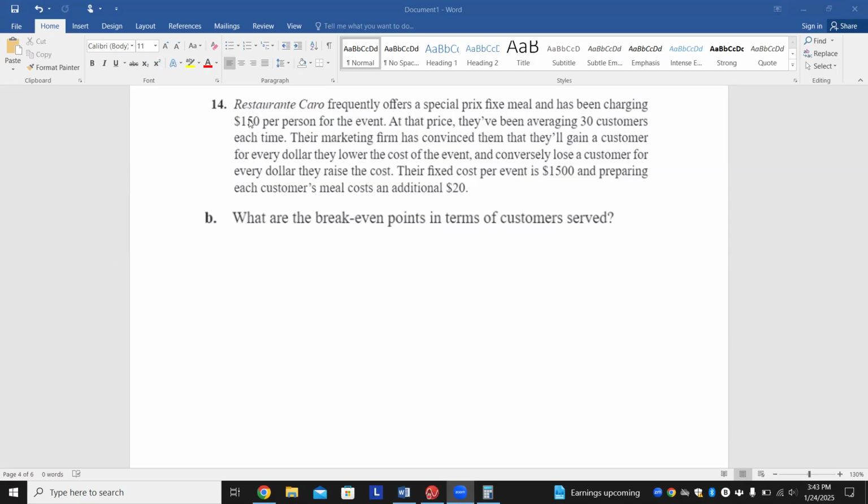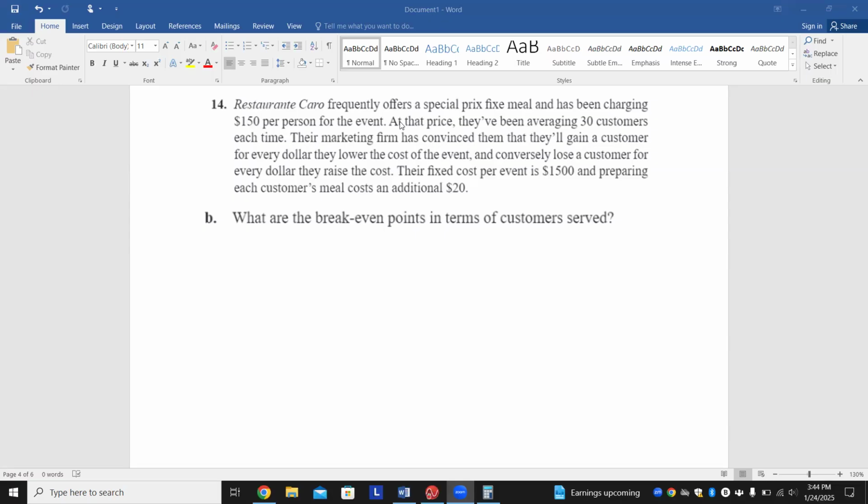The next type of questions you will get are things like this one, where it says a restaurant frequently offers a special prix fixe meal and has been charging $150 per person for this event. At that price, they've been averaging 30 customers each time.